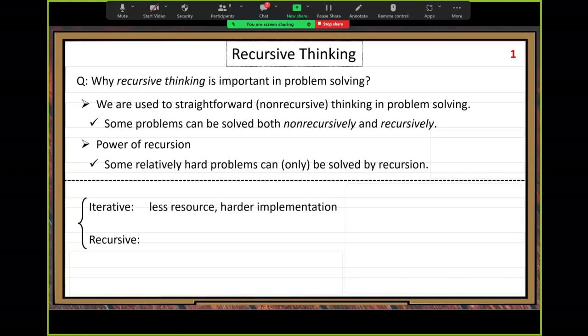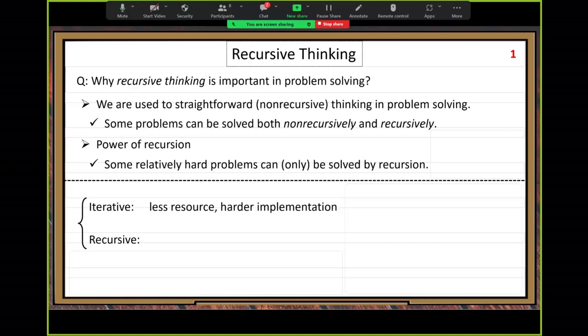Then, the advantage of the iterative is less resource. It uses less computing resource. The disadvantage is a harder implementation.